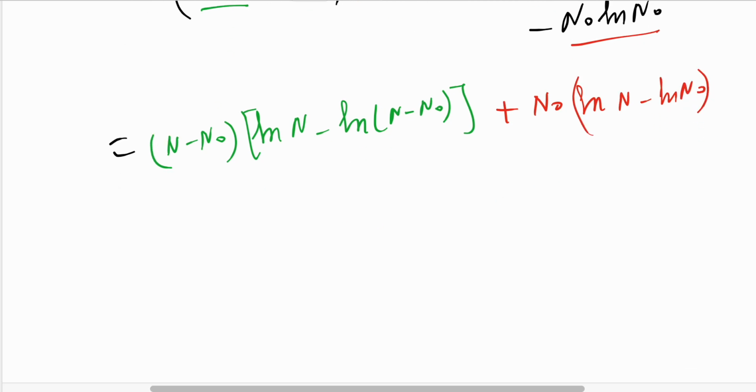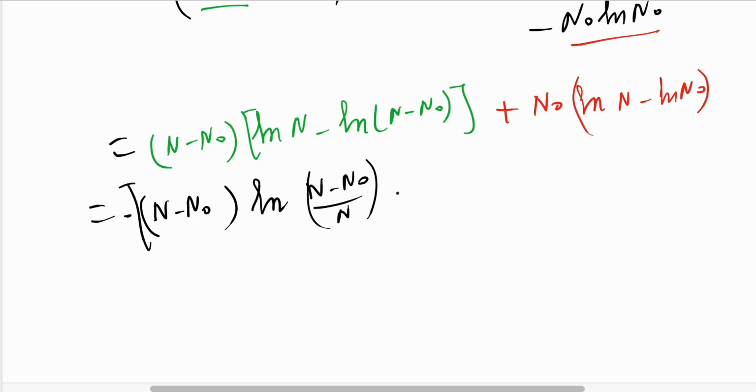So we can write it as minus (n minus n0) ln ((n minus n0) by n), minus n0 ln (n0 by n).